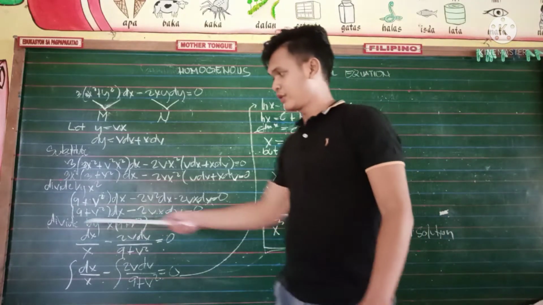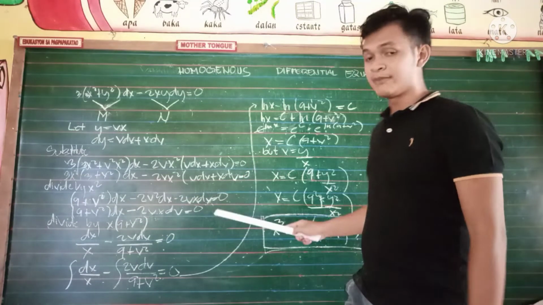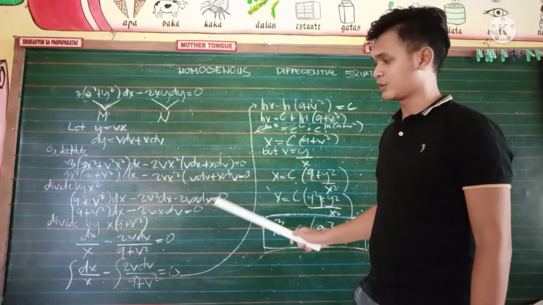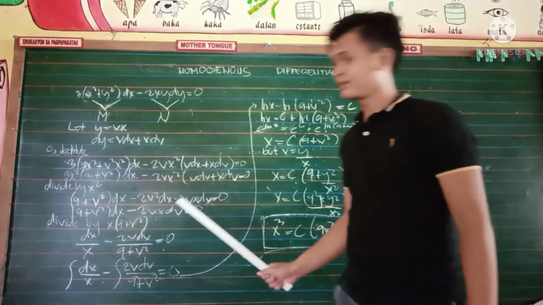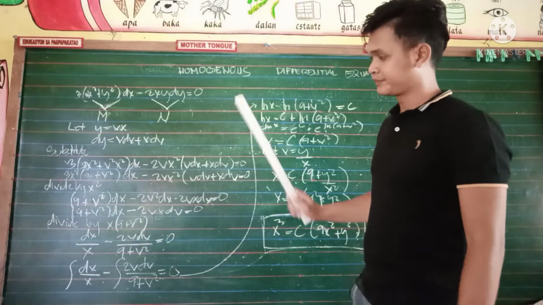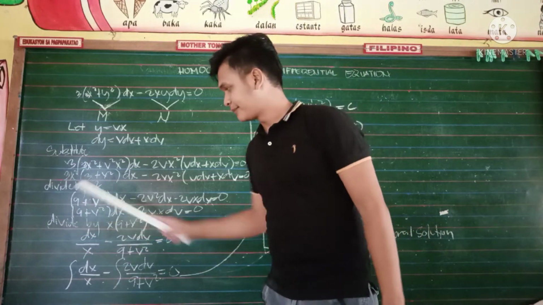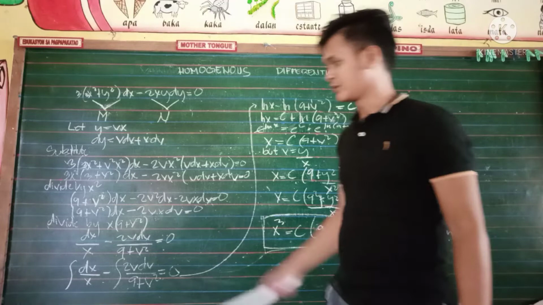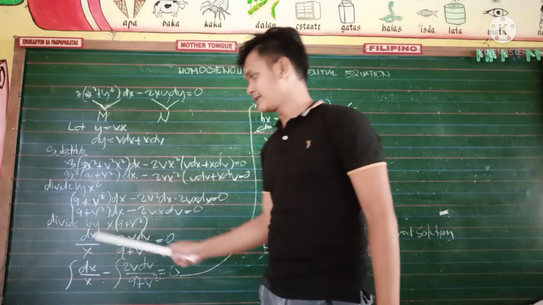So this is our variable separable differential equation. In a variable separable differential equation, we need to group all terms of x with dx and all terms of v with dv. So divide both sides by x times (3 plus v squared). Cancel out the (3 plus v squared).